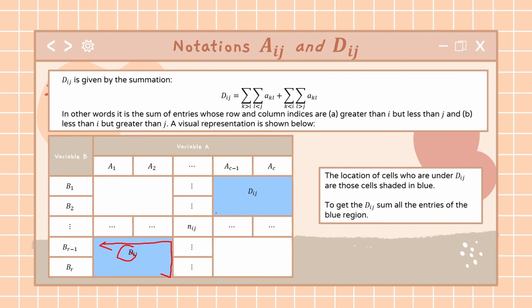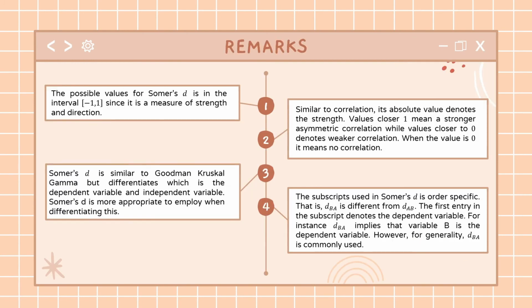And less than i, greater than j. Ito yun. So, para ma-compute natin yung Dij, similar sa Aij, i-sum natin yung mga number of entries sa parts na ito. So, more on this later on sa examples.